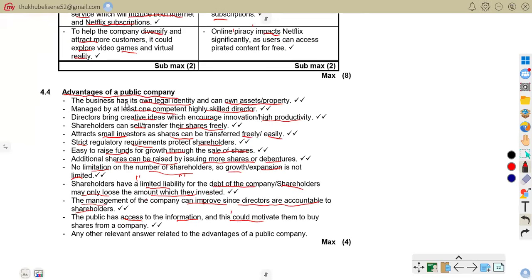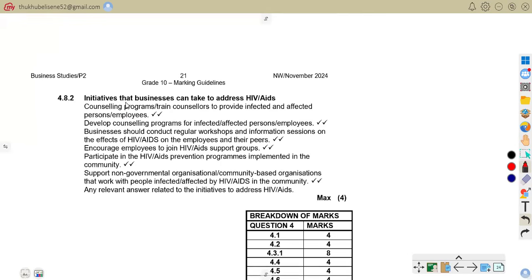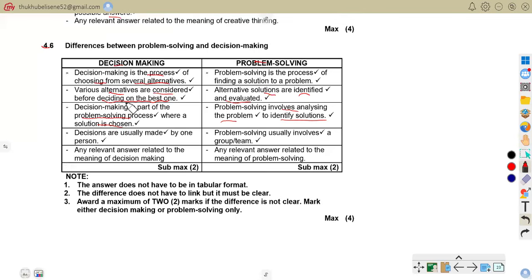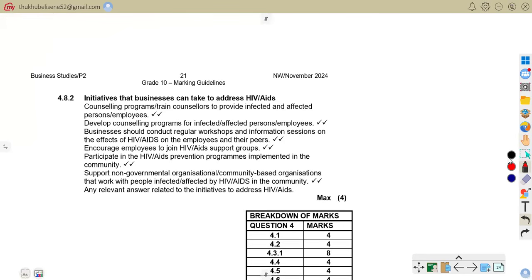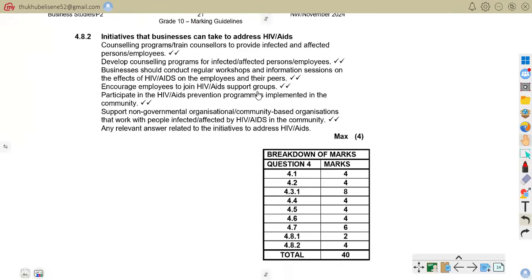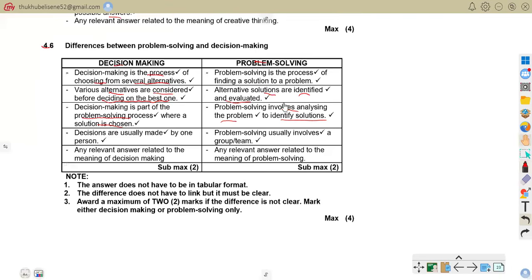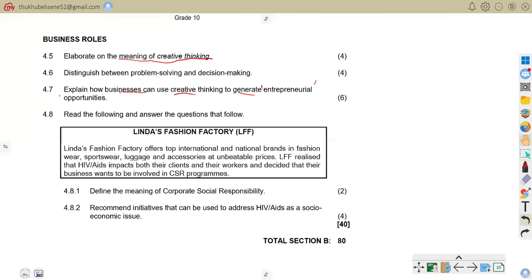So now let us turn to it. Okay, 4.7, explain how business can use creative thinking to generate entrepreneurial opportunities.